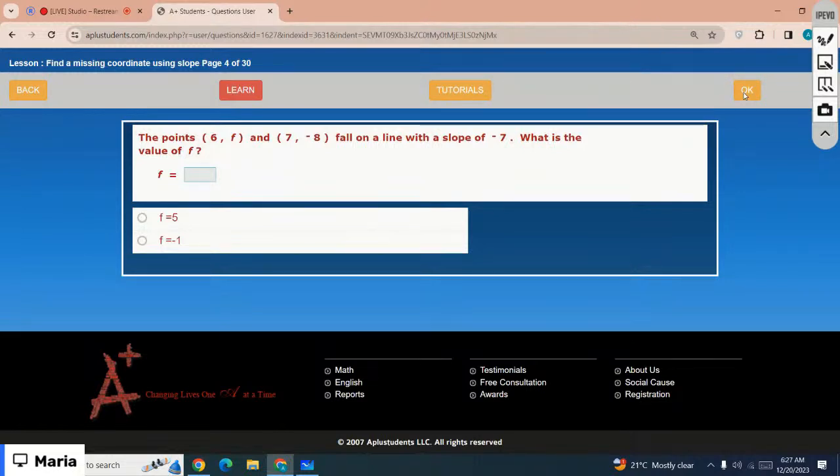The points 6, f and 7, negative 8 fall on a line with a slope of negative 7. What is the value of f? So, which is the correct option?